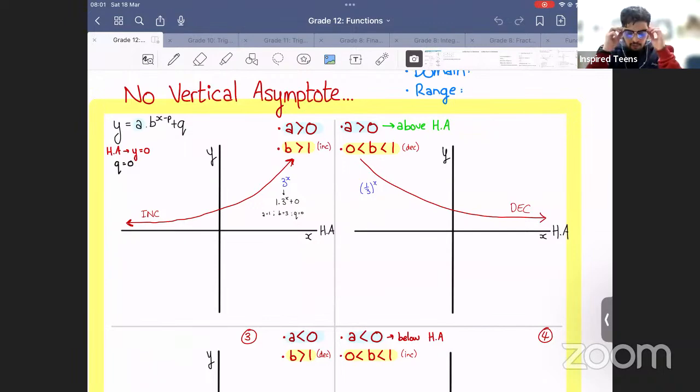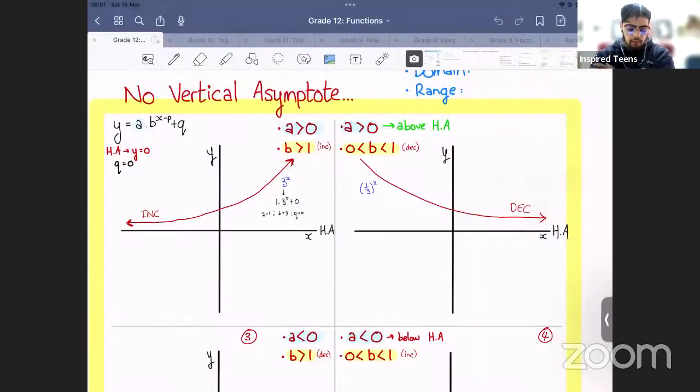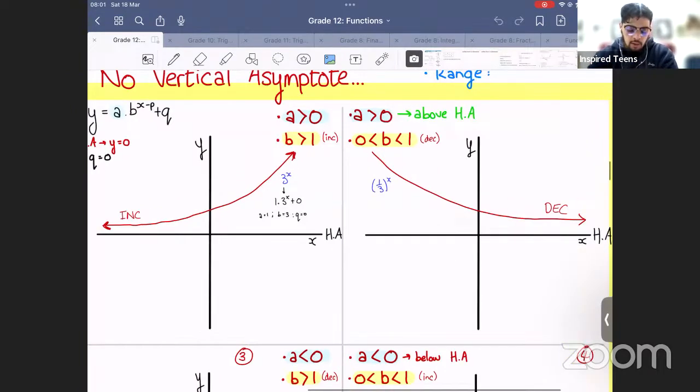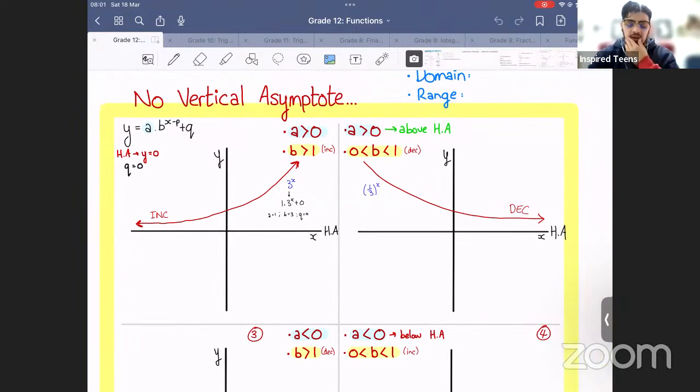So we have the four different types of exponential functions. On the top two, for both of them, we can firstly see that these lines actually don't always represent the y and the x-axis.